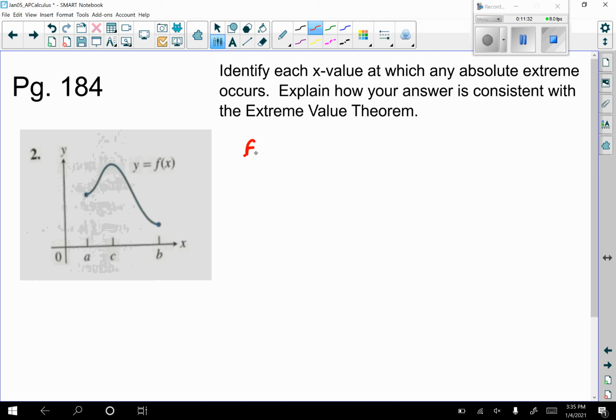So let's first answer this here. For number 2, is the hypothesis of the extreme value theorem met? If we take a look at f of x, we notice this is a continuous function, and it is on a closed interval. So yes, f is continuous on a closed interval.